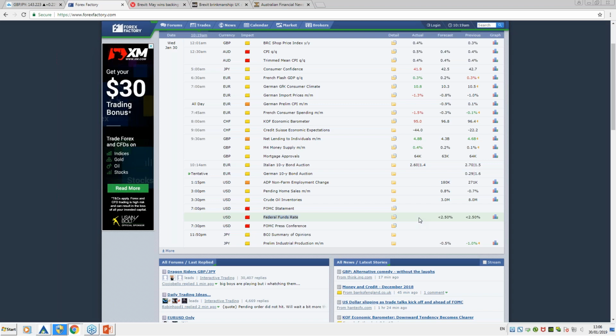So higher interest tends to give a higher value then to the currency. Okay, it makes it so there's less of them easily obtained. And so anytime there's less of something like diamonds, if they're rare, then the value is higher. Okay, so this is the general idea. With interest rate increases, it tends to increase the value of the currency.